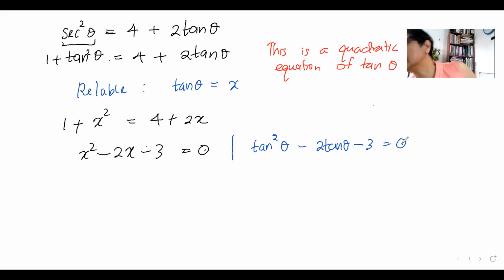So it's a quadratic equation of tan theta. When I look at the relabeled one, I feel better because it doesn't distract me with the tan theta. So I will work with this because it looks familiar to all of us, isn't it?